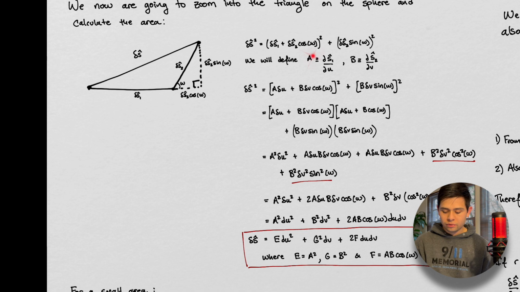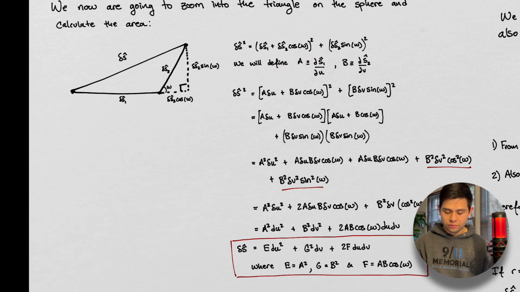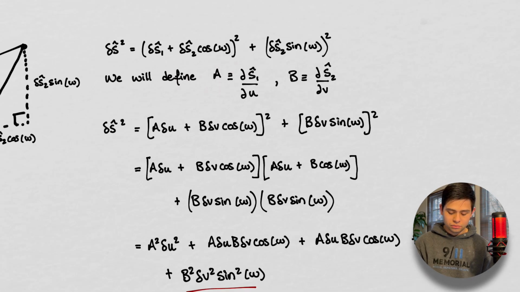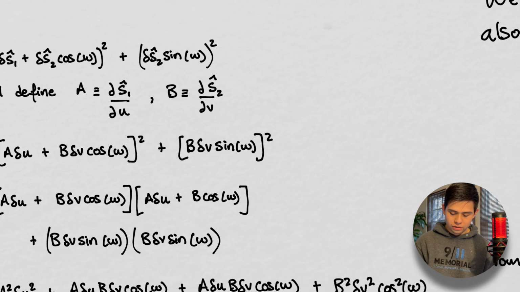And we're telling ourselves that A is the parameterization when S1 moves in the direction of U, right? So we can imagine on the complex plane, this is the U axis and this is the V axis.